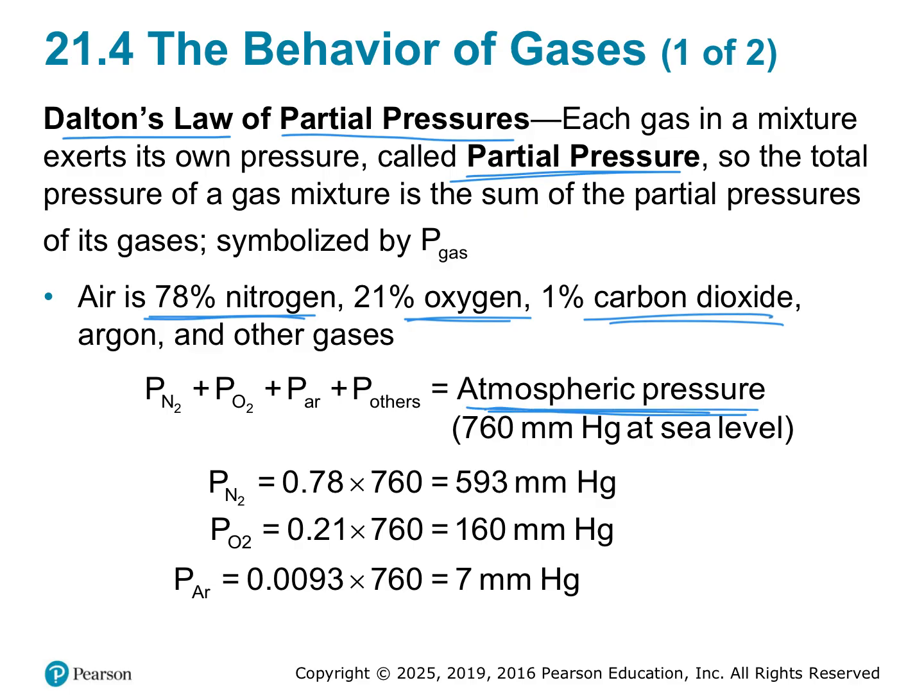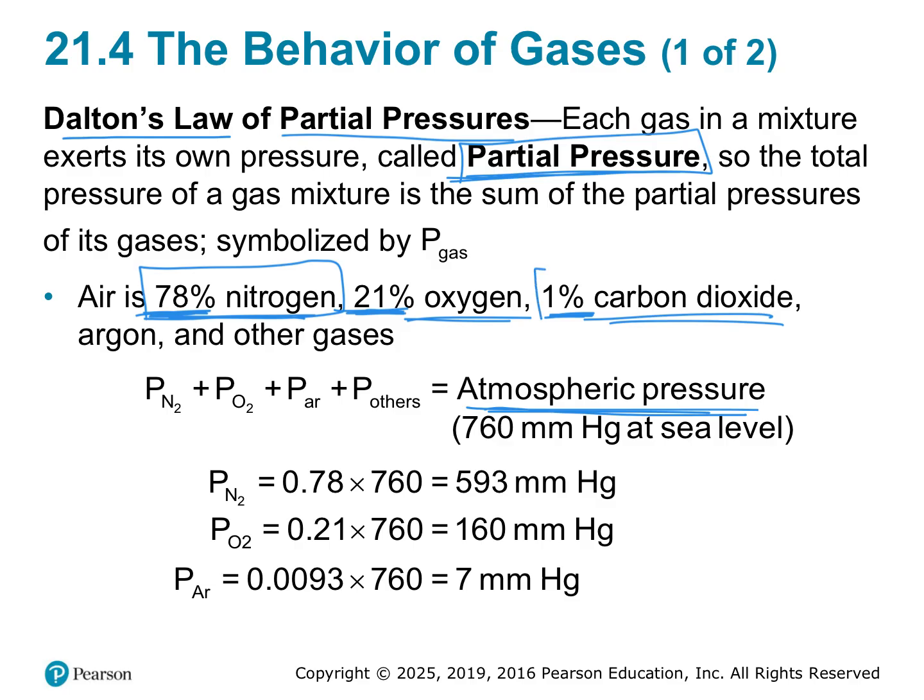So each of the gases making that mixture will be part of the pressure, and that is referred to as the partial pressure. If we add all the partial pressures up, that gives us our atmospheric pressure. And the partial pressures are due to the percent that a gas makes in the mixture. So the partial pressure that would be the highest would be nitrogen, because that's the highest percent gas in the air.